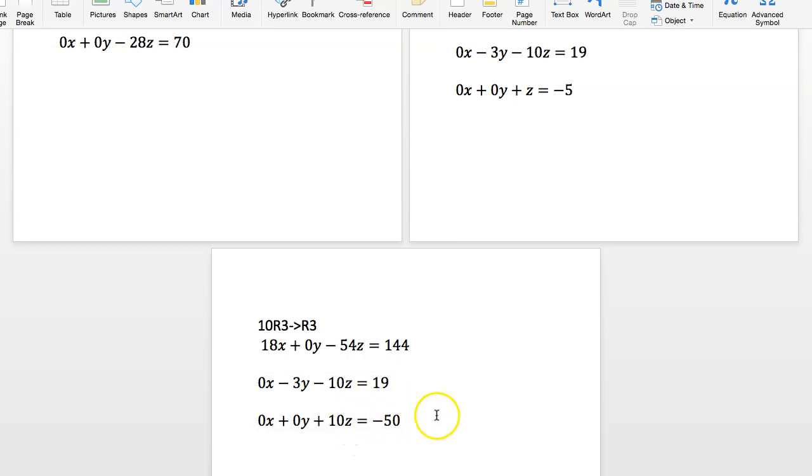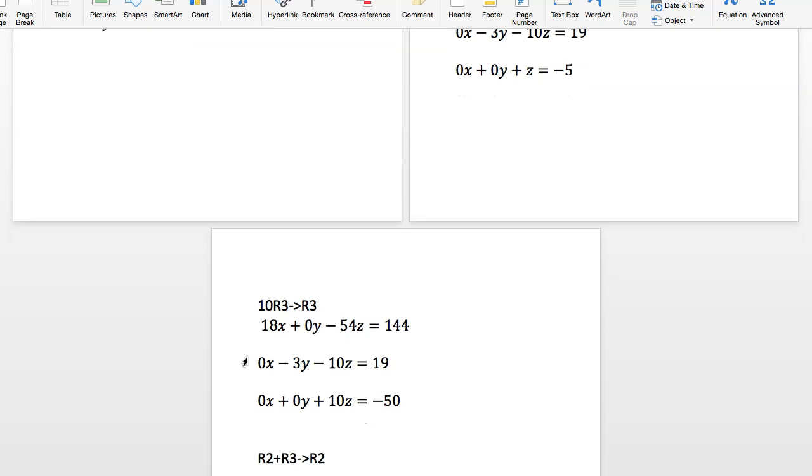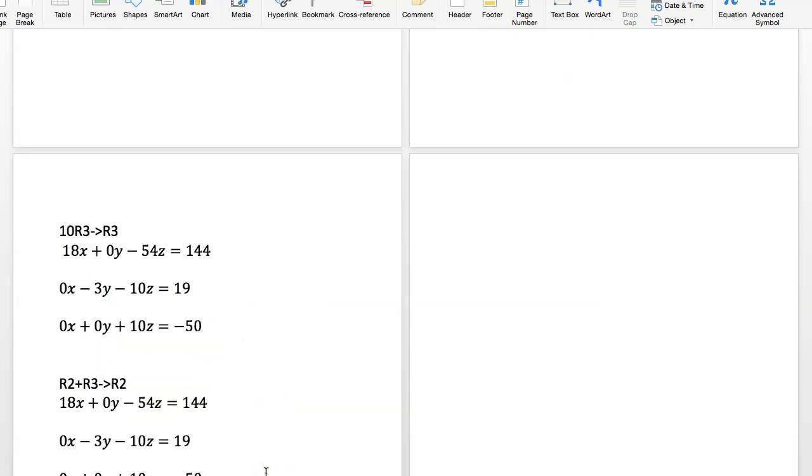So, well, now if I add row 2, now you got to cancel the off diagonal. We don't want this 10Z to be 0. We want the -10Z here to be 0 because it's off diagonal. Okie dokie. So I do row 2 plus row 3, but I got to put that into row 2. Have mercy. Okay, so, well, Control C, Control V. Let me get a space here.